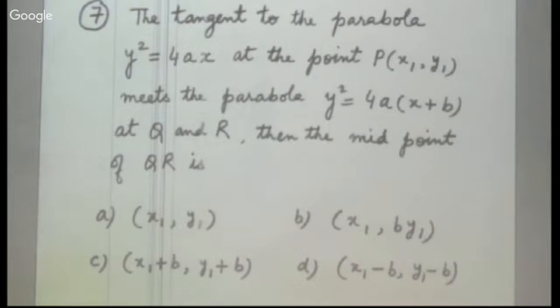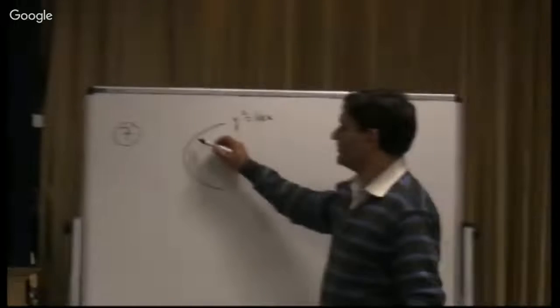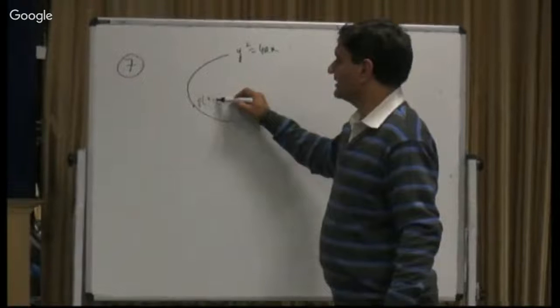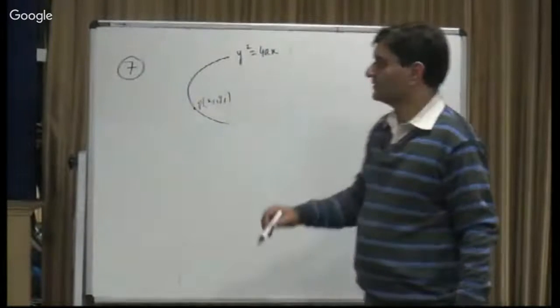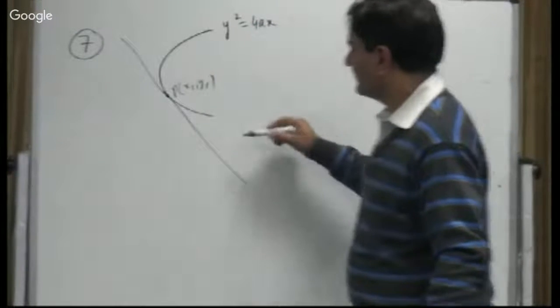So first, y square is 4ax. There's a point, let us say this is a point x1 y1. The tangent at this particular point. What is the equation of tangent?